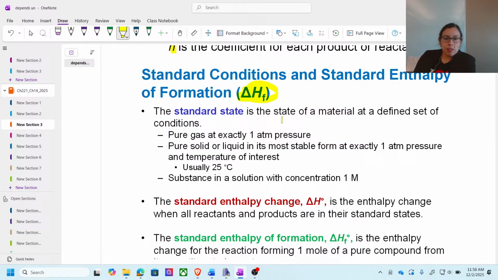This is defined at a certain set of conditions, and you'll notice that a lot of these are at ambient conditions. That means our gas is at 1 atm of pressure. Our solids and liquids are at their stable ambient form. So 1 atm of pressure, 25 degrees Celsius. And if we were talking about solutions, 1 molar solutions.